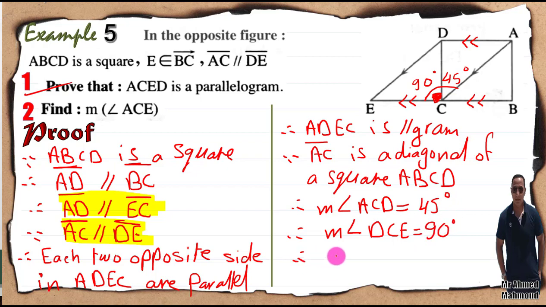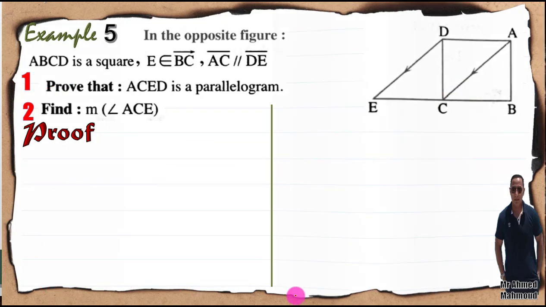Therefore the measure of angle ACE equals 45 degrees plus 90, which equals 135 degrees. Now let's study example 6.